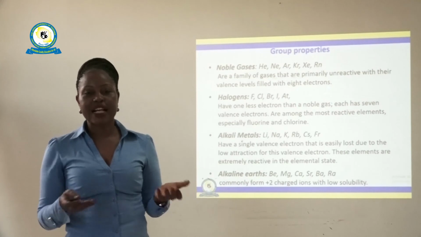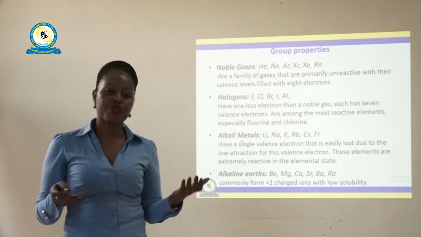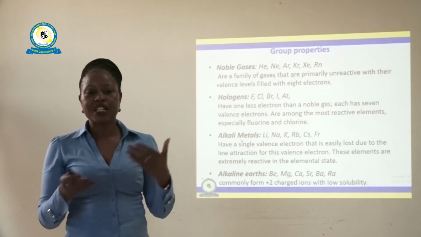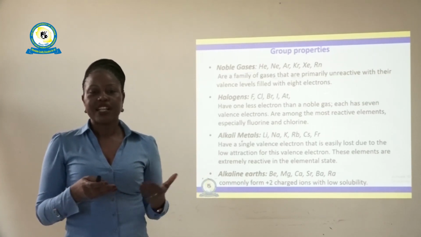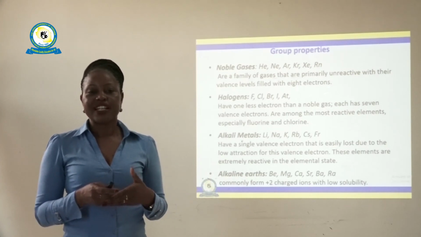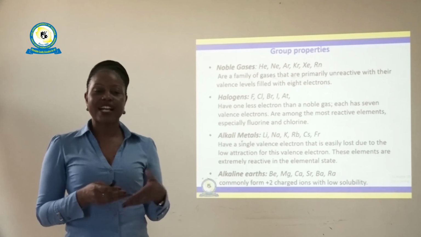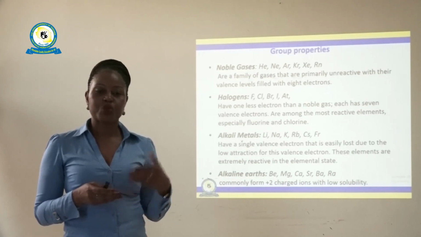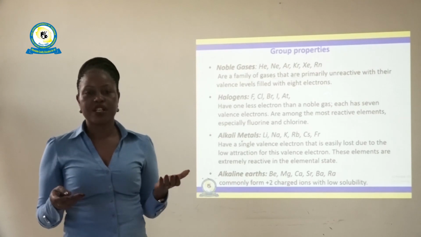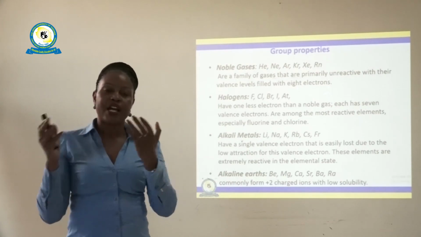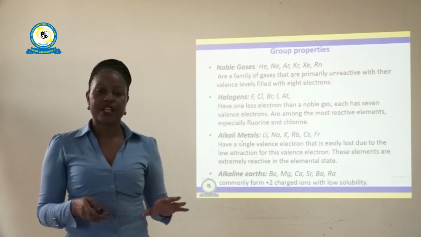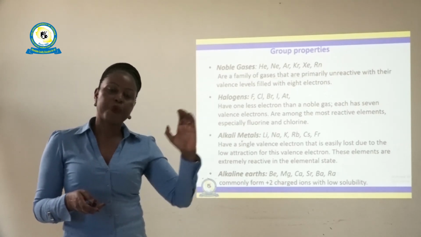Another group is the alkali metals, which have a single valence electron, and this electron can easily be lost, and these elements are also extremely reactive. And we have another group, the alkaline earths, which form 2+ charged ions, and they have low solubility, and so on and so forth. So properties of elements are basically described in this nature of their group properties.